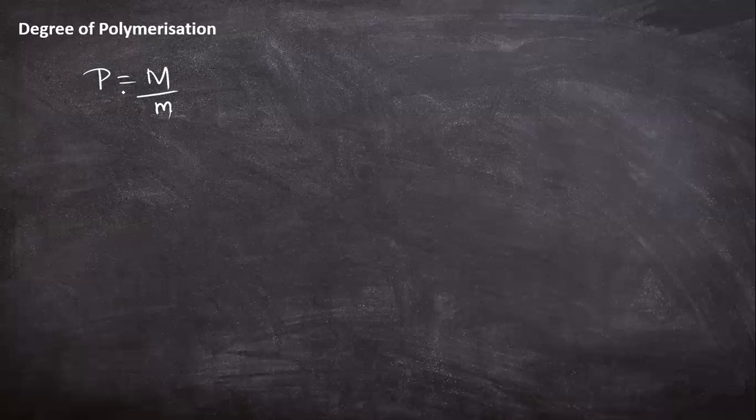Yes, we have studied all this, but what if the examiner won't give you the molar mass of the polymer and the molar mass of the monomer? Then how do we calculate the degree of polymerization? Okay, let's begin.